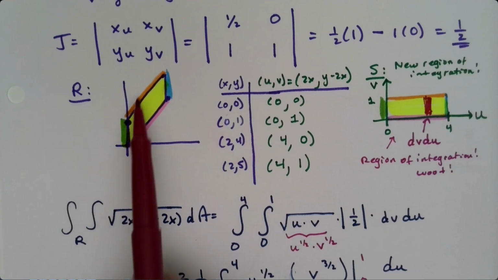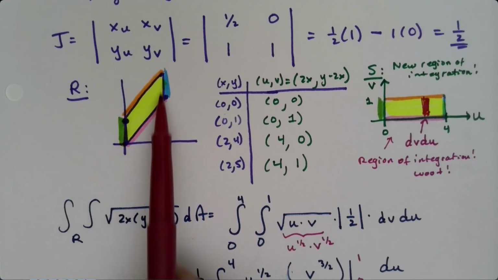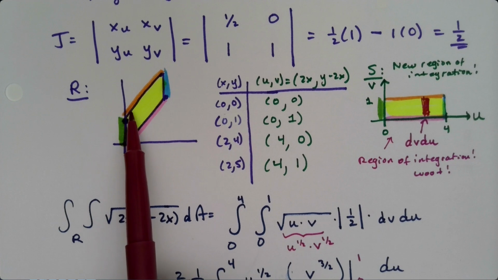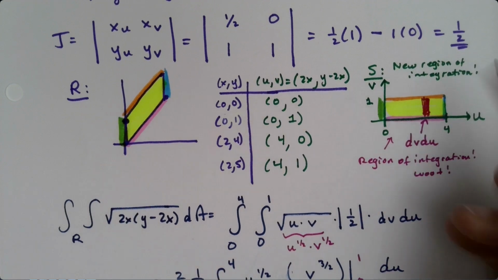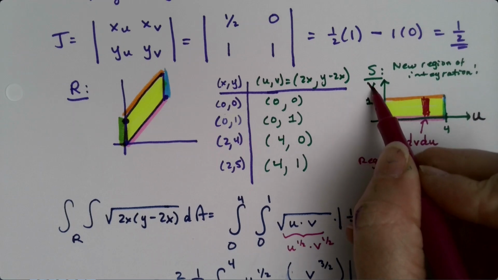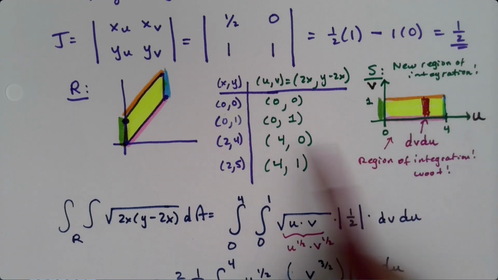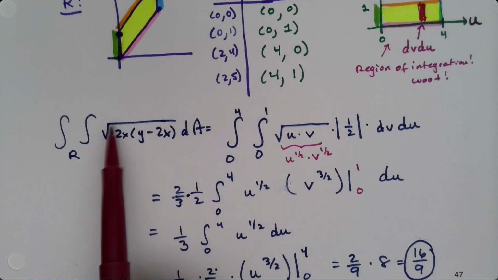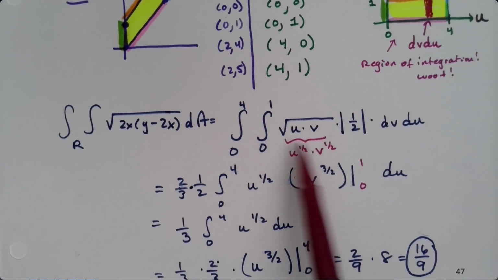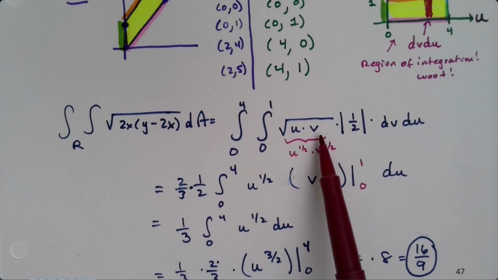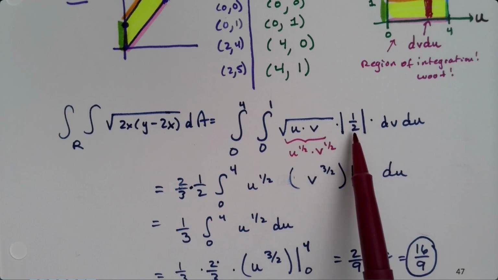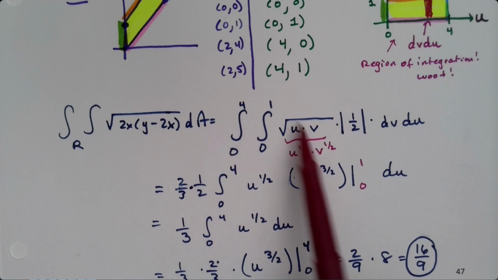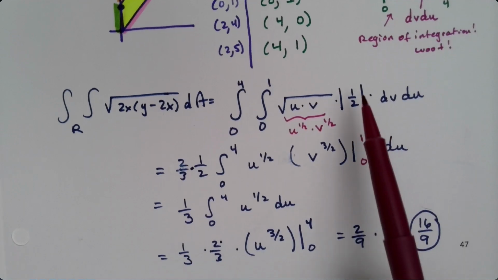Then you have to change your region of integration from what it was originally in x and y to what it now is in u and v. Right? That can take some doing. Then you rewrite your integral, not with one transformation, but with 2. You put the absolute value of the Jacobian in there, and then dv du with all your new limits of integration. And then you integrate.